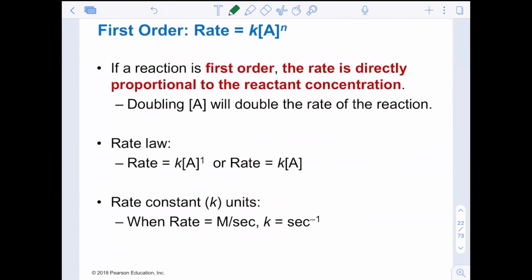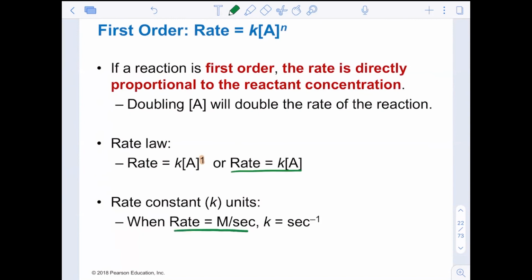First order reactions, when that superscript is 1, the rate is directly proportional to the reactant concentration. Doubling the concentration of the reactant will double the rate of the reaction. So for first order reactions, when there is a superscript of 1, the rate can be written with the 1 or without the 1, it doesn't matter.